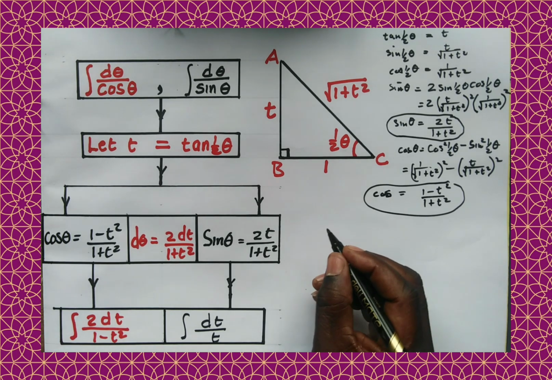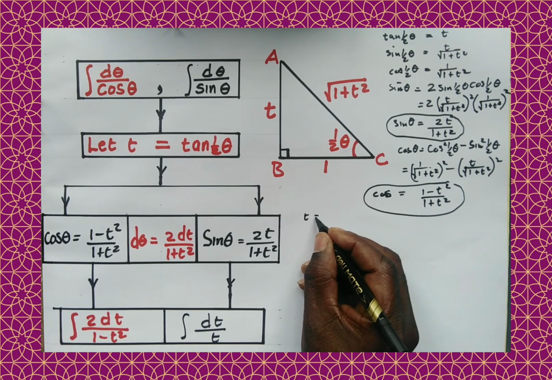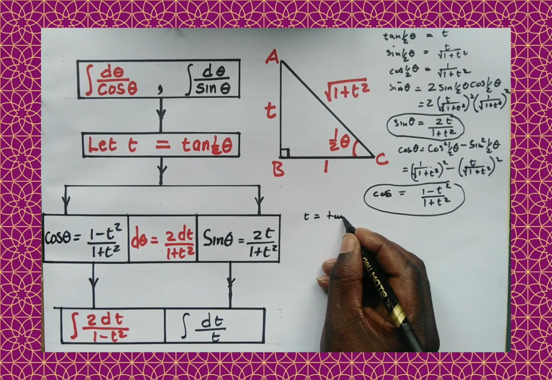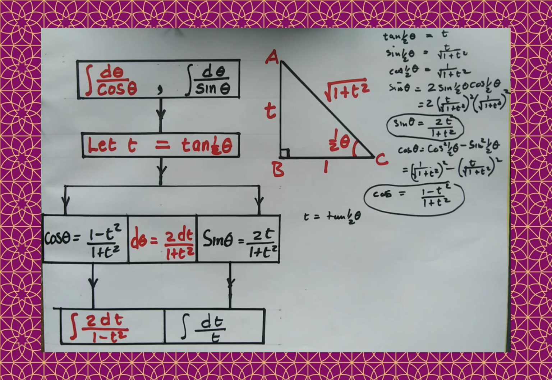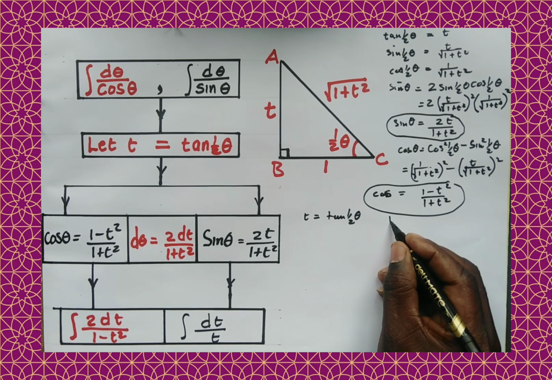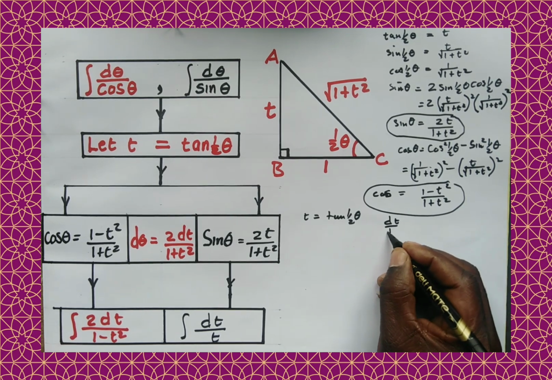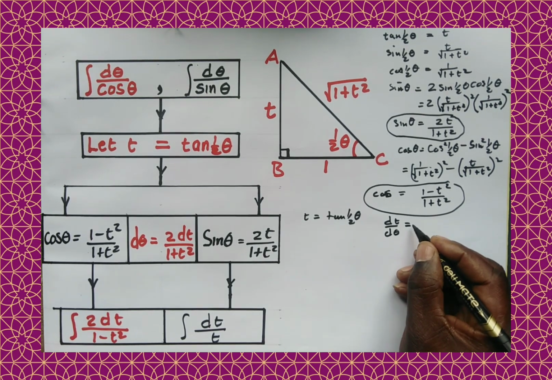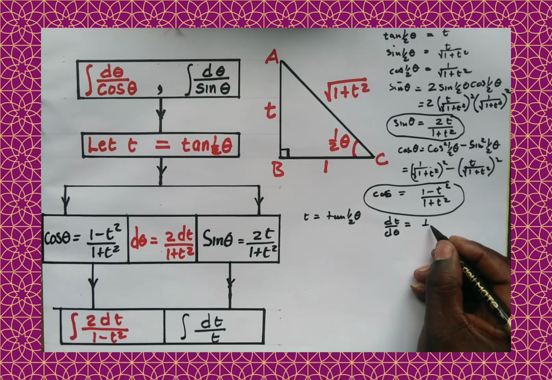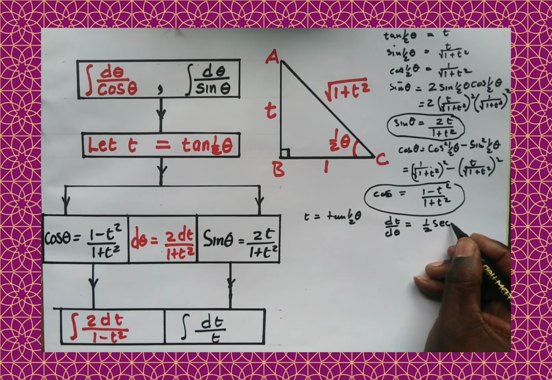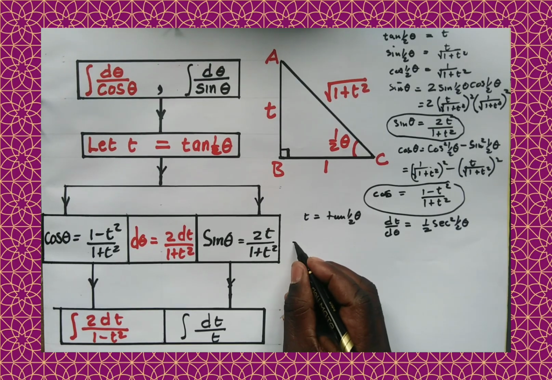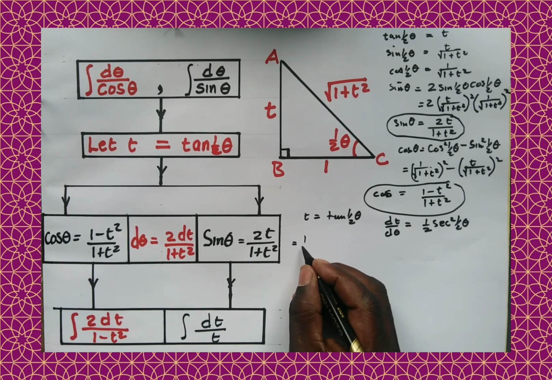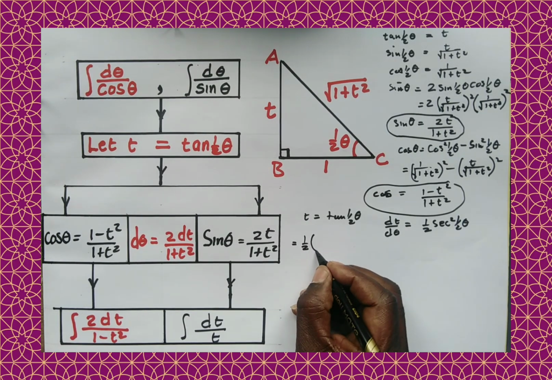Well, we have t is equal to tan of half of theta. Let's differentiate both sides with respect to theta. We have dt over d theta is equal to half sec squared half theta, which is equal to half of brackets.